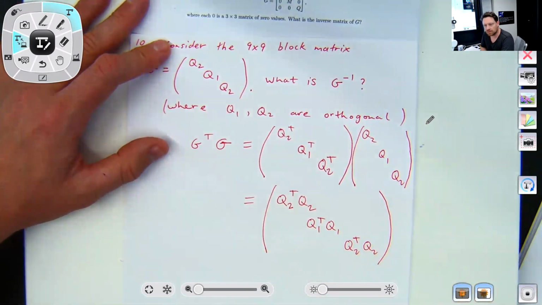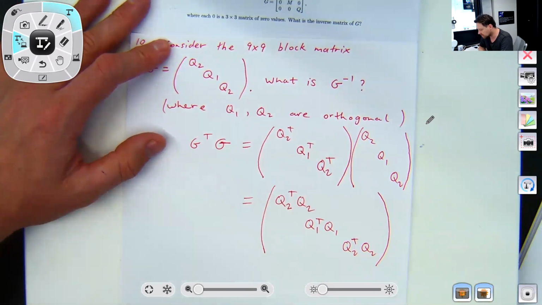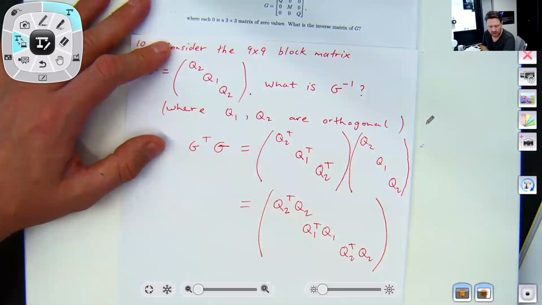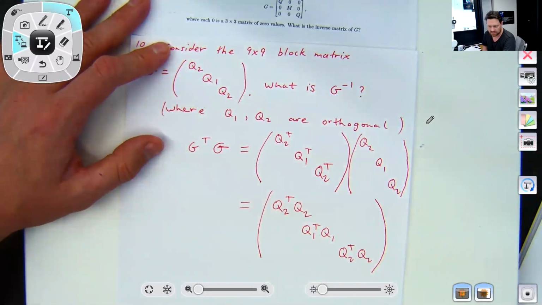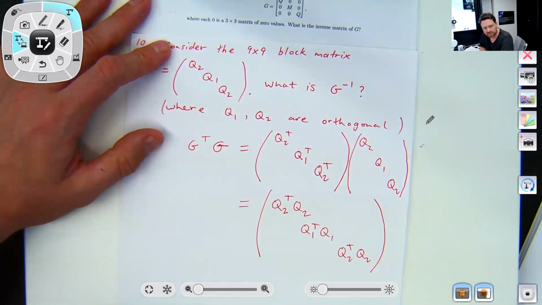Okay, good. So if you believe that multiplication, and you might want to check, you could check just by filling out a whole 9 by 9. You'd have many zeros. Okay, so moving on.